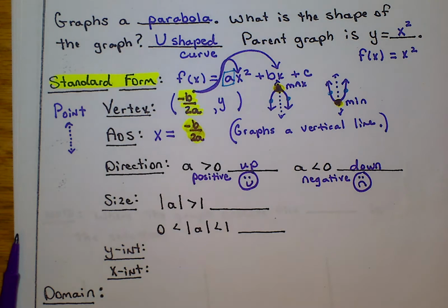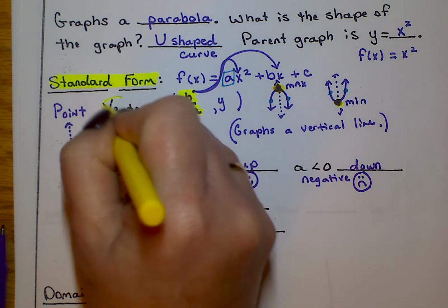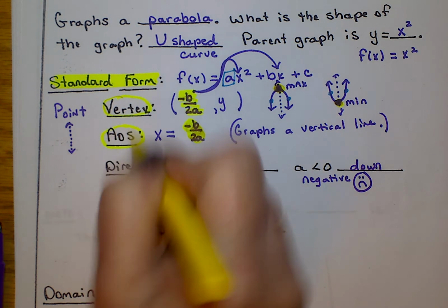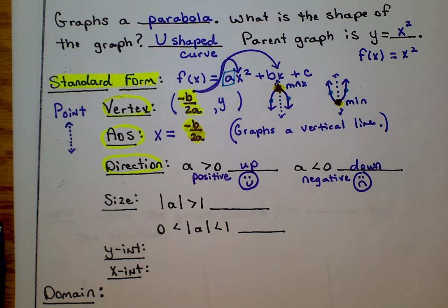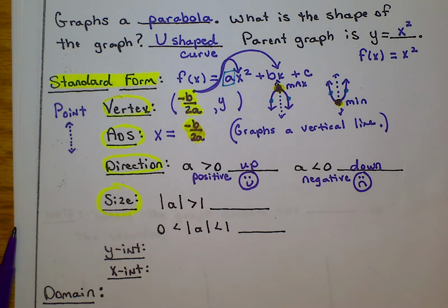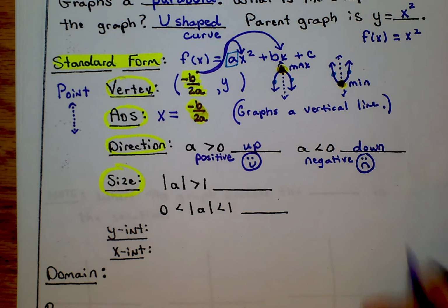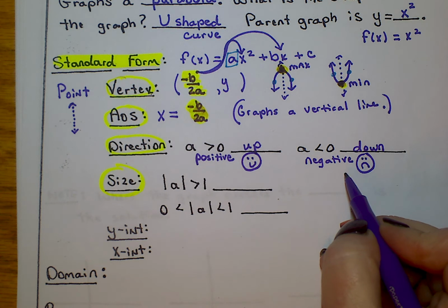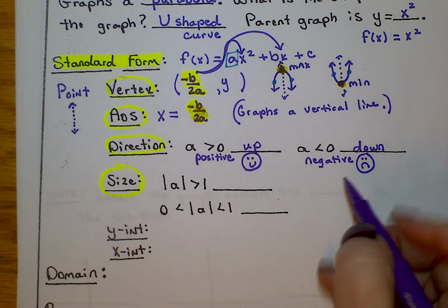Now, these are the key components right here that I'm going over with you. I have those underlined. So that dealt with direction. This one deals with size. So you always look at the absolute value, because if it's negative, it's going to tell you that it goes down. It doesn't affect the size of the parabola.